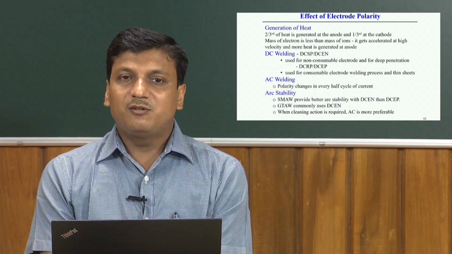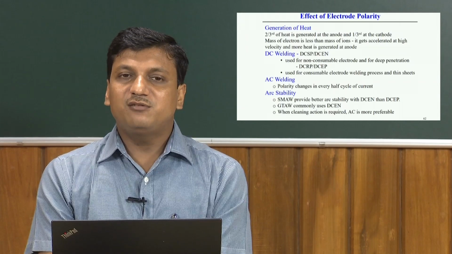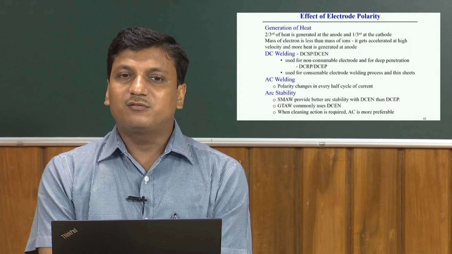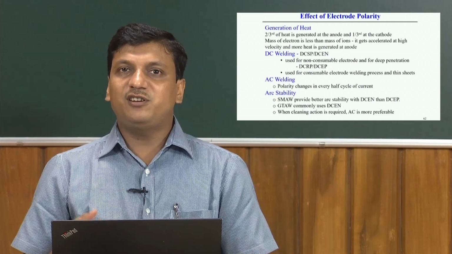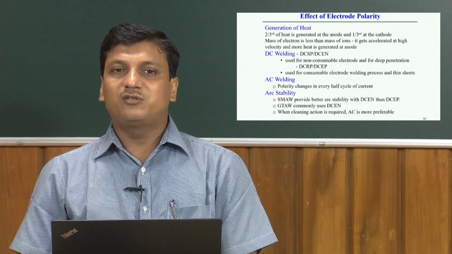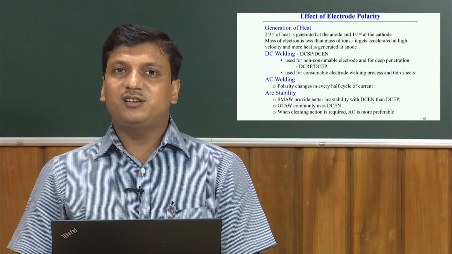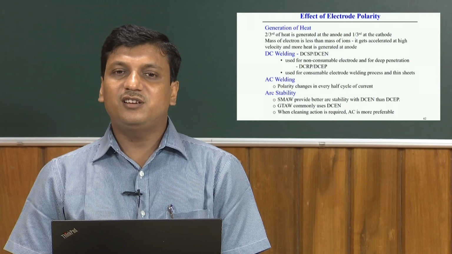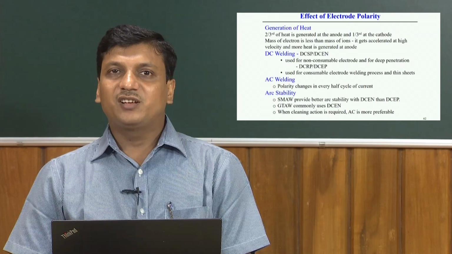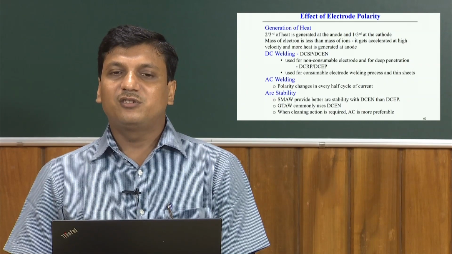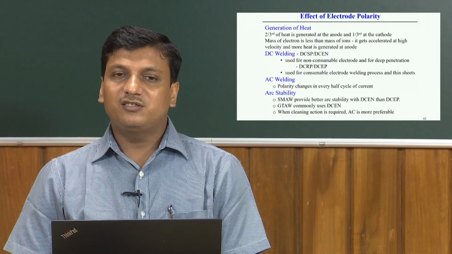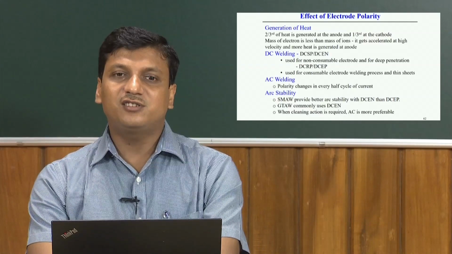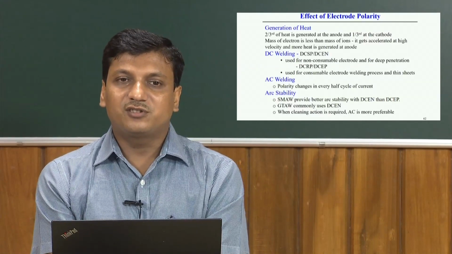GTAW commonly uses the DC-EN polarity, because arc stability is greater with that polarity. So in that sense DC-EN polarity can be used in the GTAW process, and in other welding processes when arc stability is the criterion for the welding process.